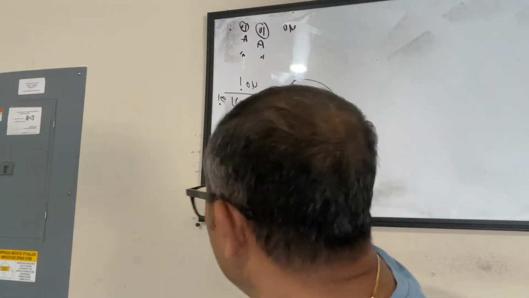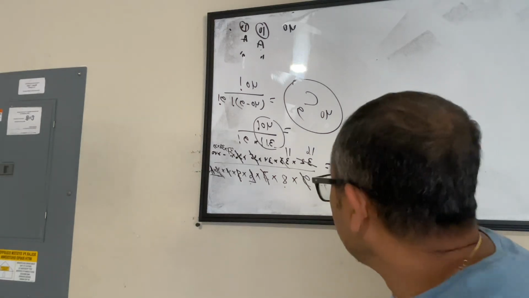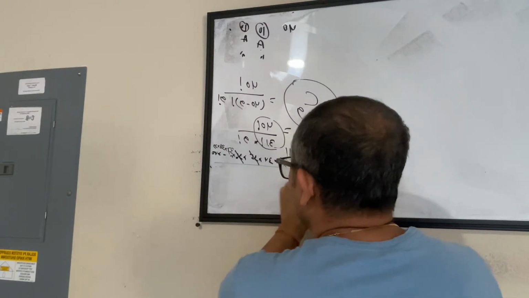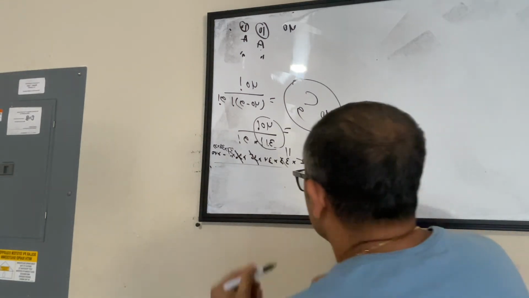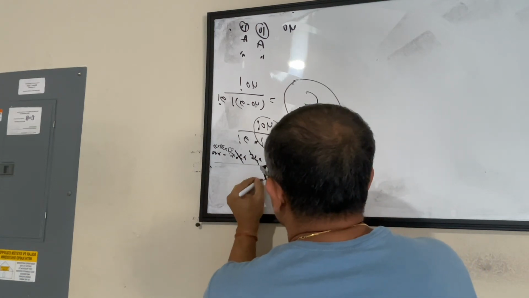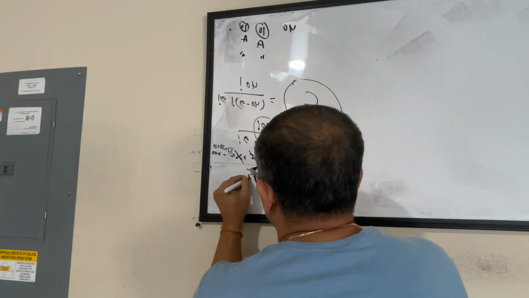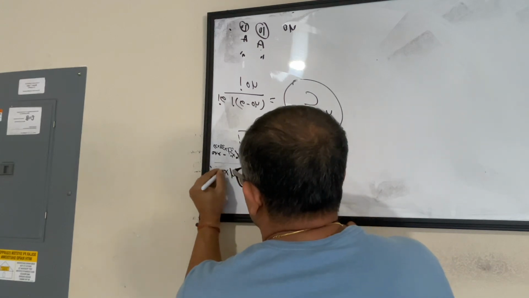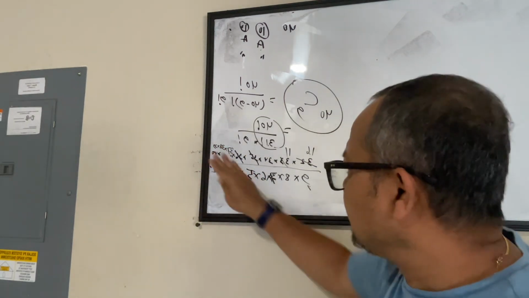Let me not do it this way. Let it be like this: 9, 8, 7, 6, 5, 4, 3, 2.